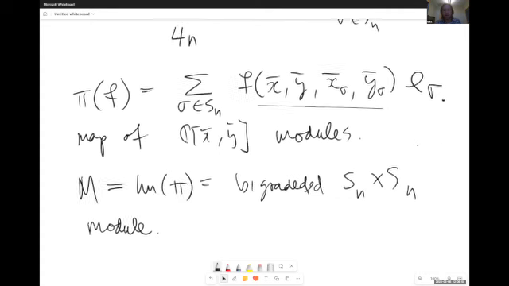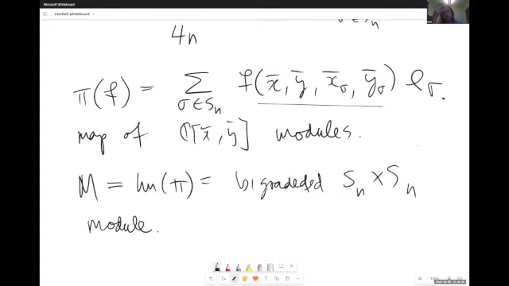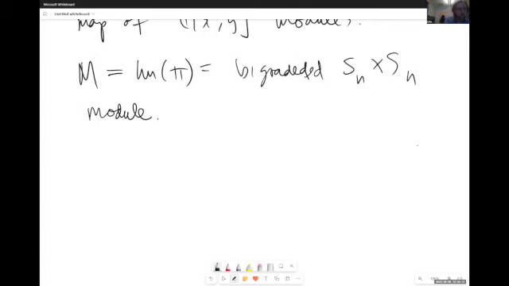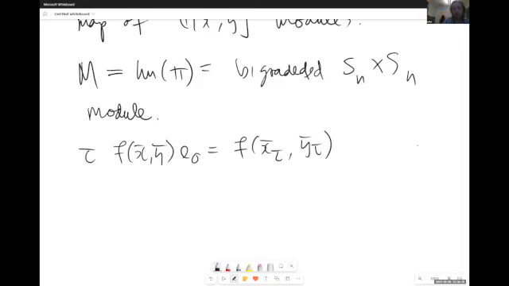And so the bigrading here is all the x's get the same degree. We'll grade those by q. The y's all get the same degree. We'll grade those by t. The first S_n action is determined by tau of f(x,y) e_sigma is equal to f(x,y) with tau applied to the variables, e_(tau times sigma).